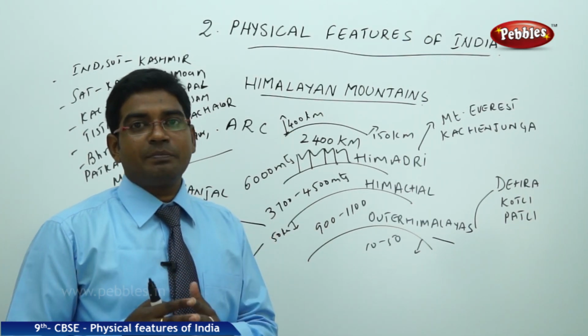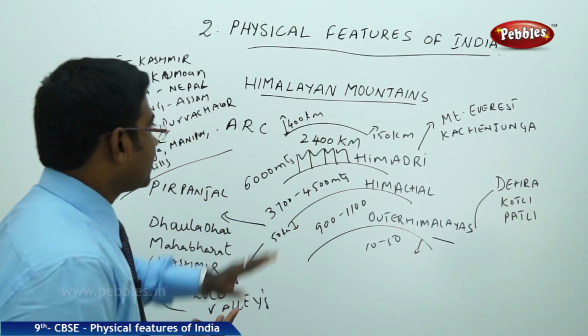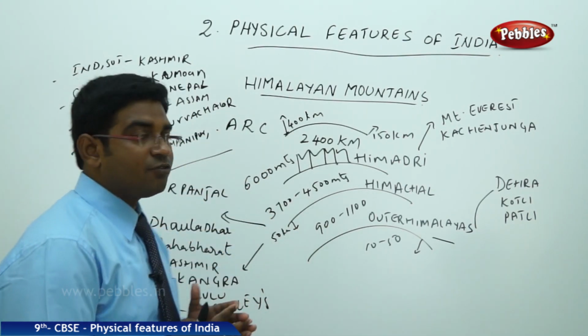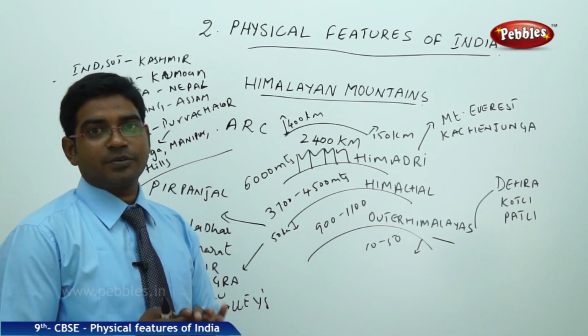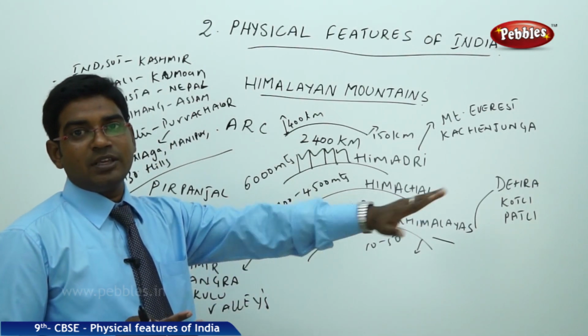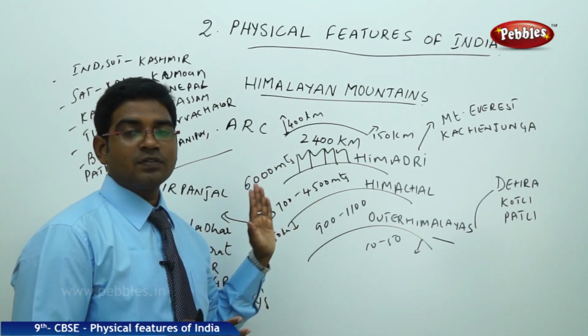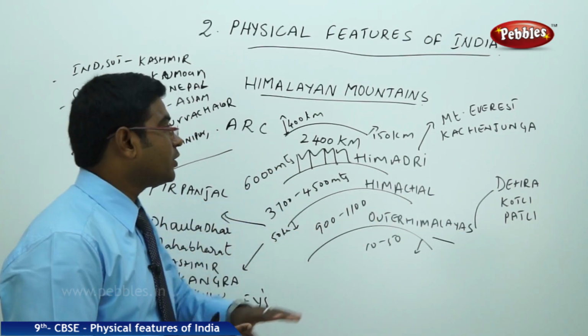Now, the first major one, the Himalayas. The Himalayan mountains are stretched in the form of an arc from the west to the east, from the Indus River towards the Brahmaputra River, at varied shapes and lengths. So, let us look into detail.